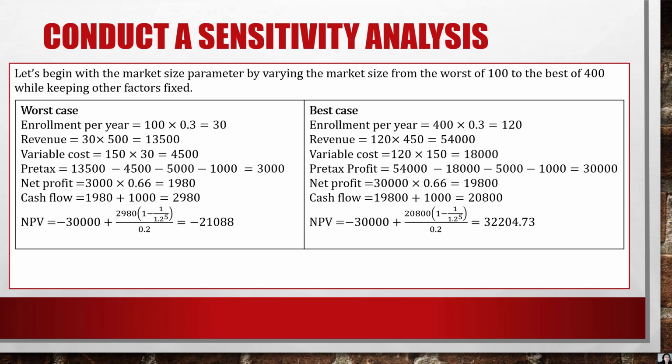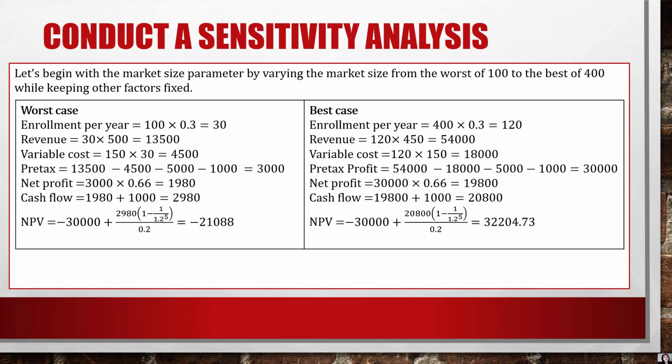The variable cost is the variable cost per unit times the enrollment per year, and we get 4,500. The pre-tax income is the revenue, subtract the variable cost, subtract the fixed cost, which is 5,000 here, and subtract the depreciation. So we get 3,000 for the pre-tax.